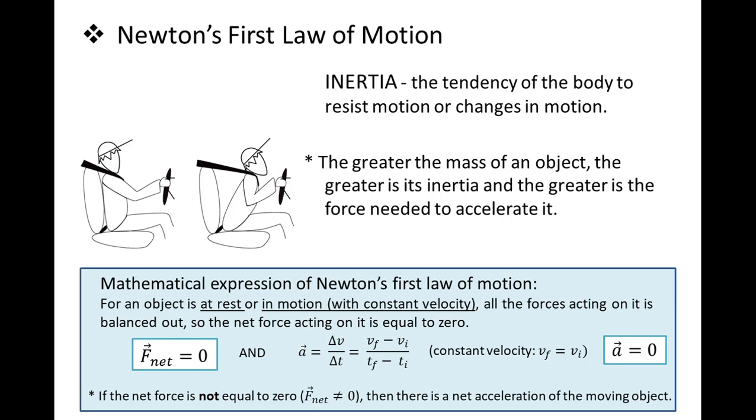Here, we keep in mind that acceleration is defined as the change in velocity divided by the change in time. So, if the net force on an object is not equal to zero, then there must be a net acceleration of this object.